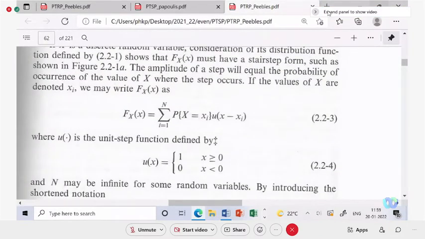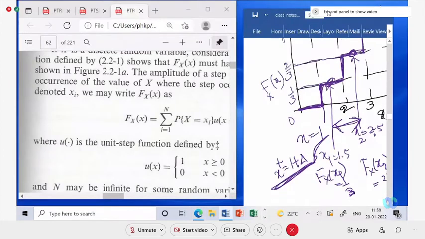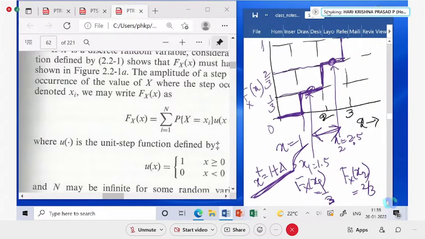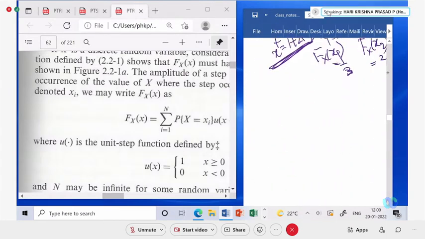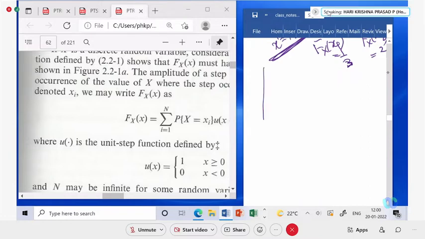Another interesting thing is, let me consider this distribution function where there are step increases. This distribution function is referred to as a staircase waveform. What is important in this staircase waveform is that I have different values for x1 and corresponding probabilities.